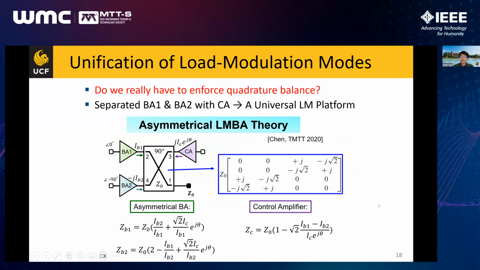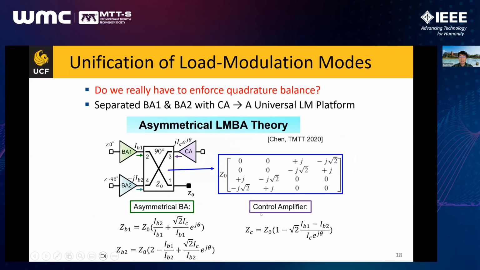And then the next question is, do we really have to enforce the balance of those two quadrature-coupled amplifiers? And the answer is not really. If we set the balanced amplifiers B1, B2 with two individual currents still in quadrature phase, we found that we can rederive the load modulation equations for all three amplifiers individually.